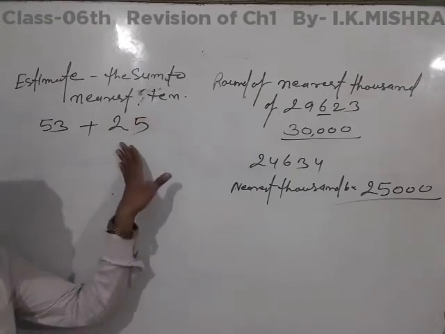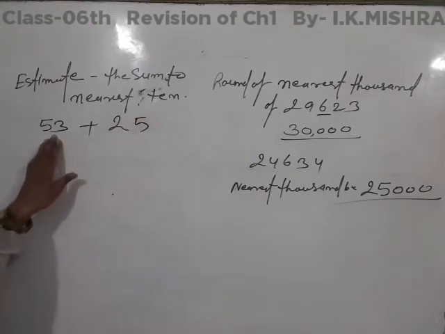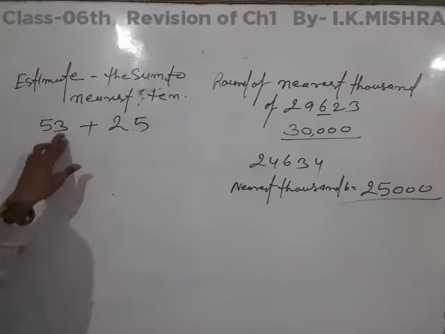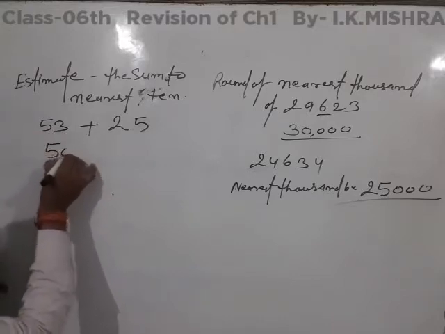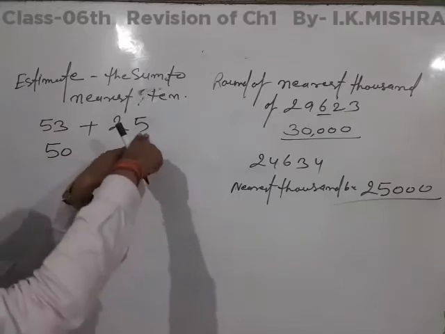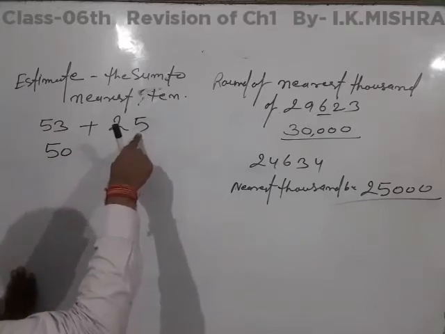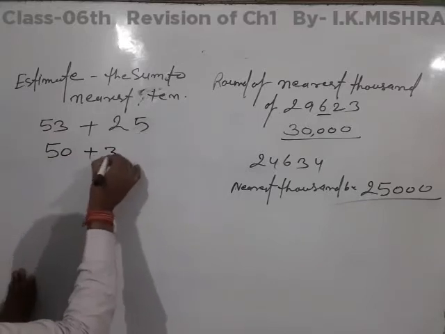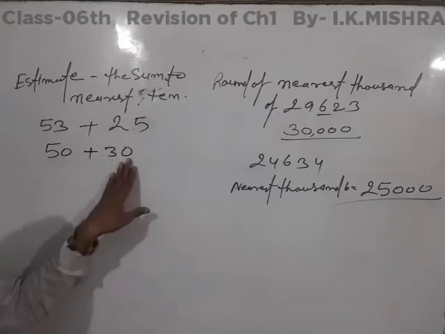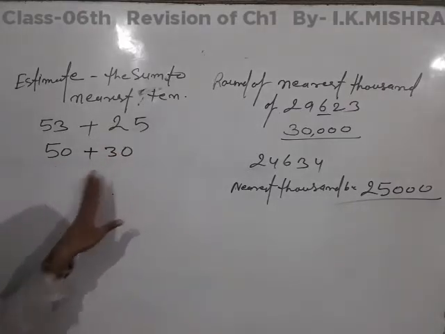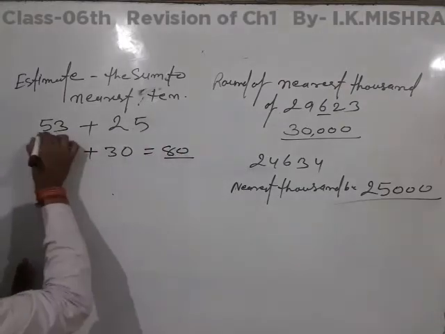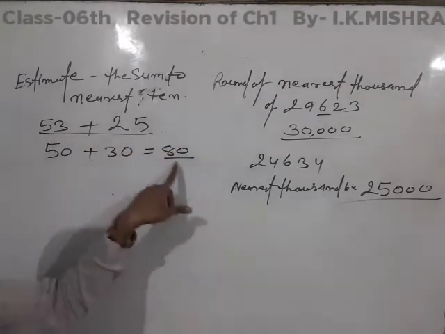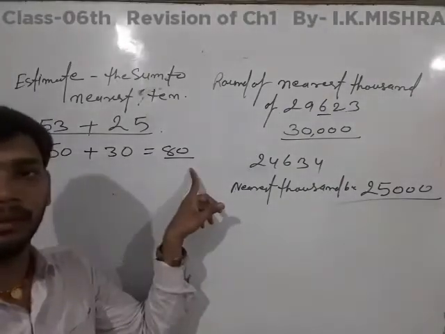First of all, do the nearest 10 of each. Here the unit place is 3, so its nearest 10 is 50, and for the other number the unit place is 5, so it will be 30. You add simply, that means 80. So its estimated nearest value is 80.